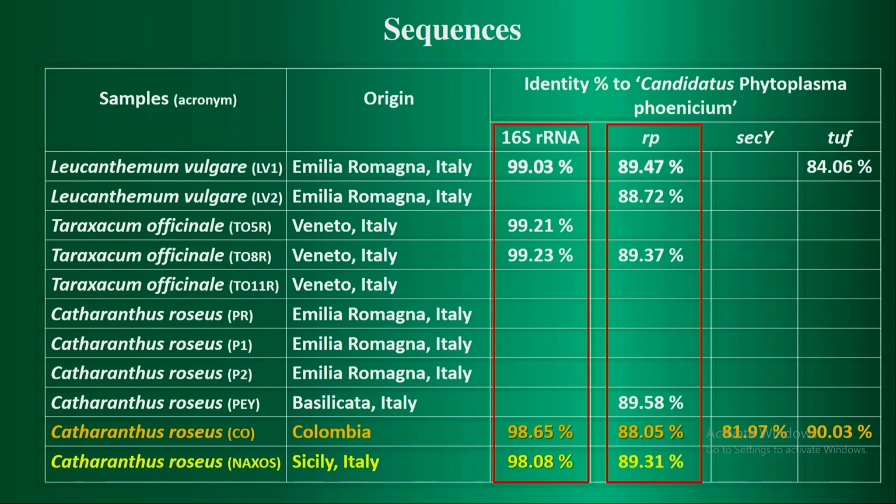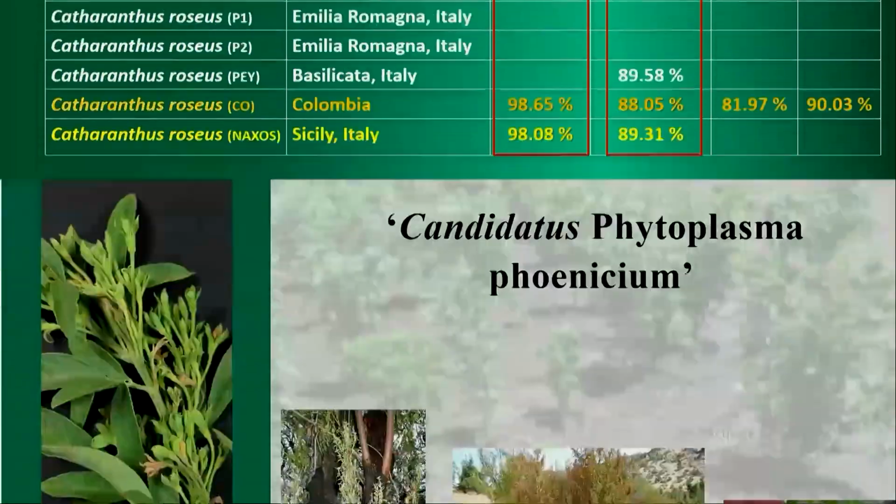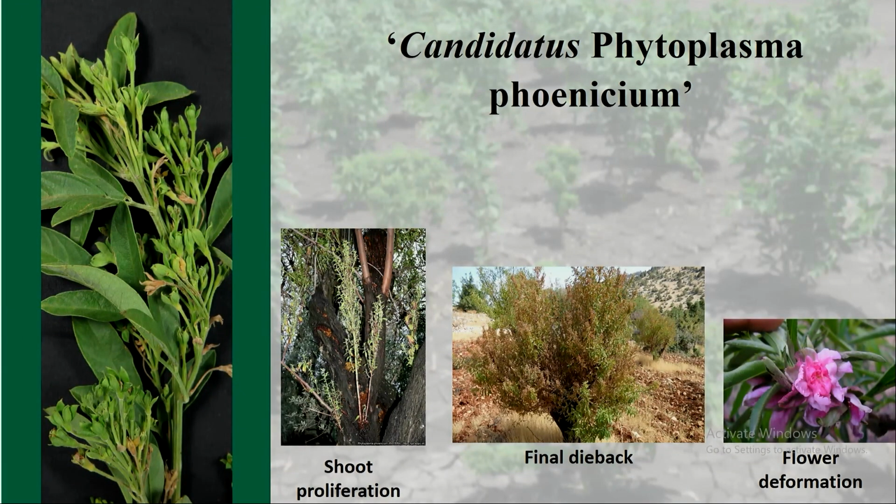As for the 16S gene sequence of tested samples, they gave a high identity with the reference one. So maybe in this case, the 16S gene is not very informative compared with the other housekeeping genes. There is no doubt that Candidatus phytoplasma phoenicium must maintain its status, both for reasons of pathogenicity and classification.